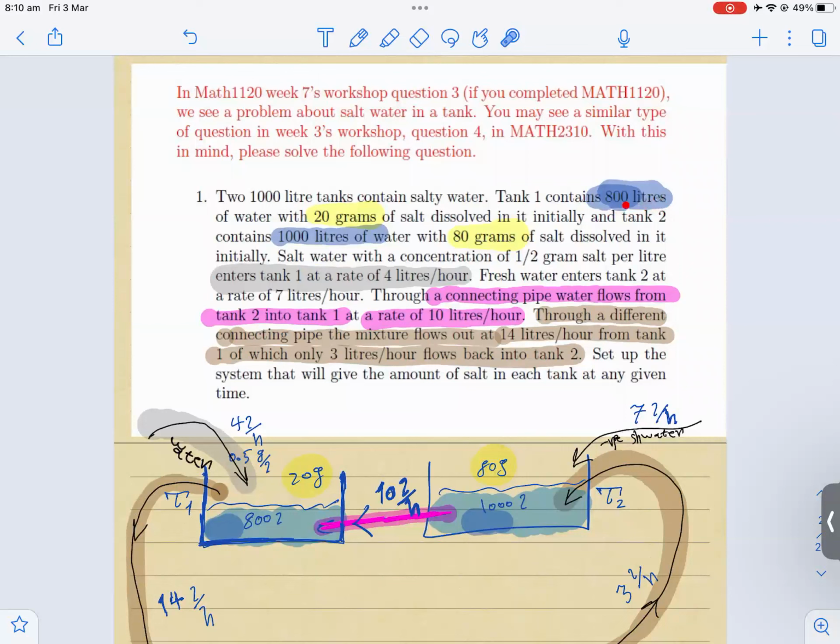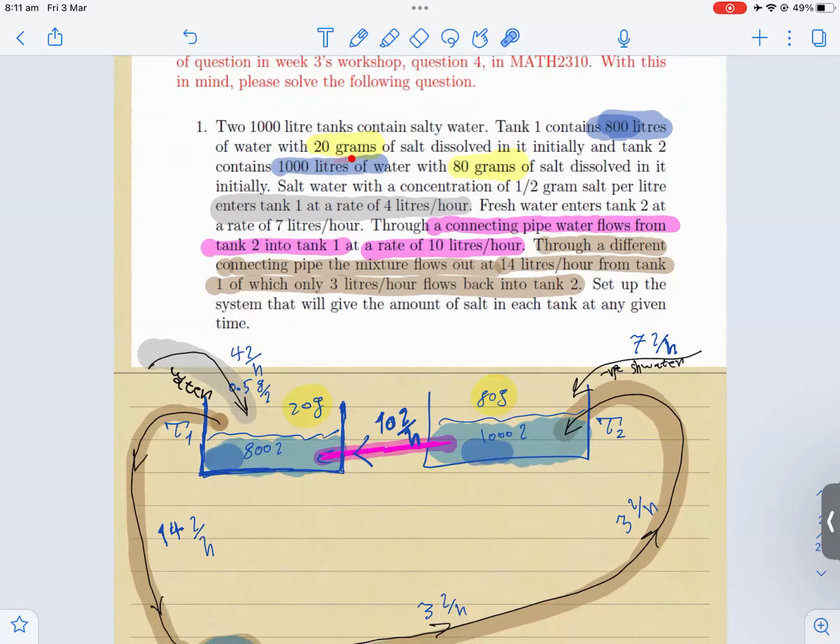The color of the highlighting on the words is almost the same as the color of what I have drawn. 20 grams of salt dissolved here, 80 grams dissolved here, and we see that a half gram of salt enters tank 1. You see this gray color, half gram, 0.5 gram per liter with the speed of 4 liters per hour.